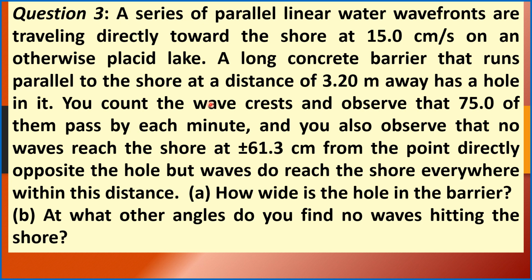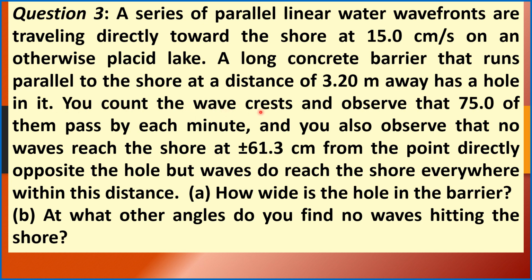The last question, question number 3. A series of parallel linear water wavefronts are traveling directly towards the shore at 15.0 centimeters per second on an otherwise placid lake. A long concrete barrier that runs parallel to the shore at a distance of 3.20 meters away has a hole in it.